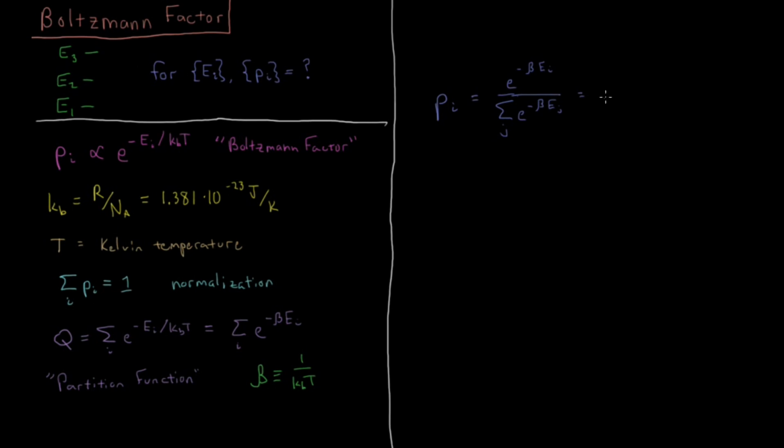Or putting it a different way, the probability of our system being in a given state is 1 over Q times e to the minus beta E_i. So that's our probability for the system being in a specific state, and that's just our Boltzmann factor for the individual state divided by the partition function for our whole ensemble.